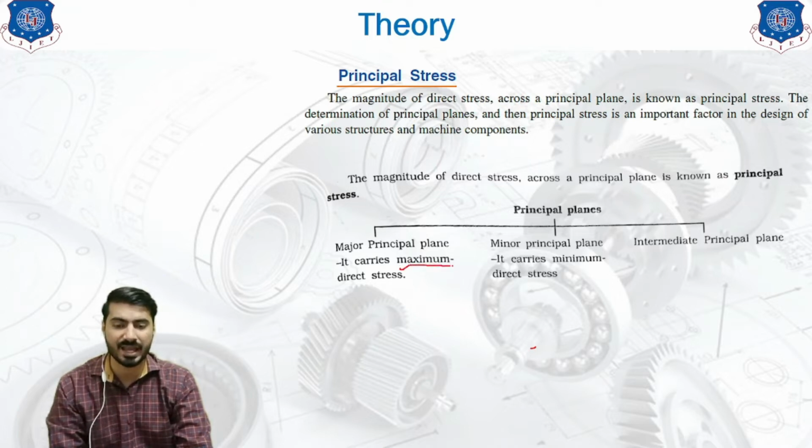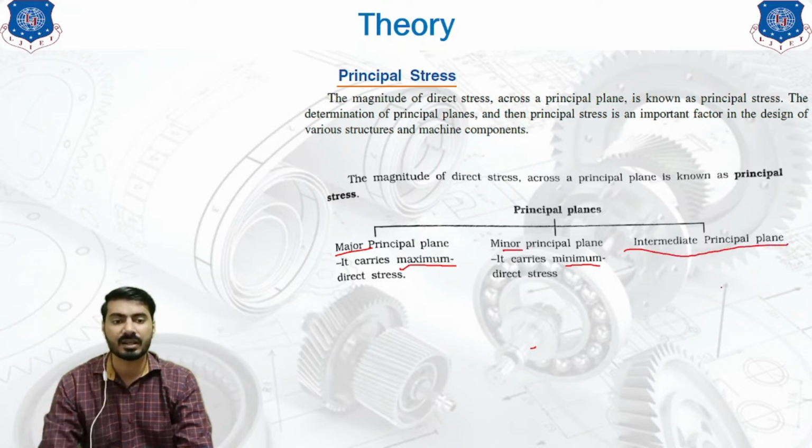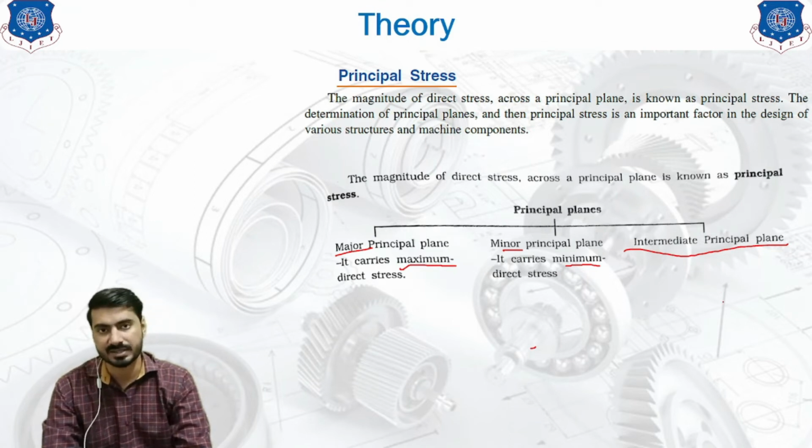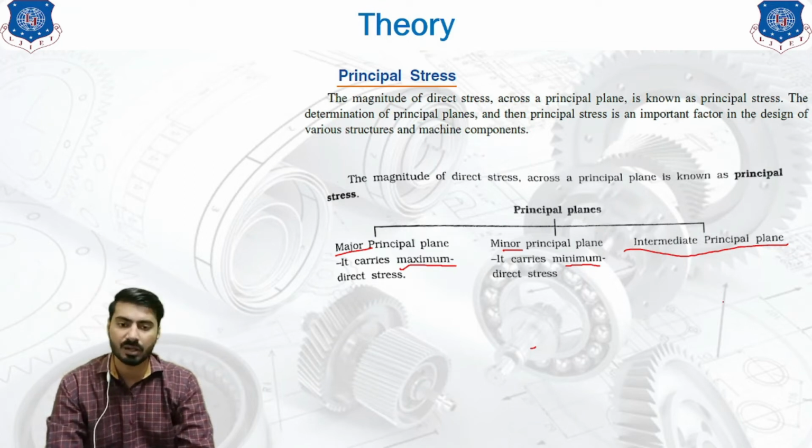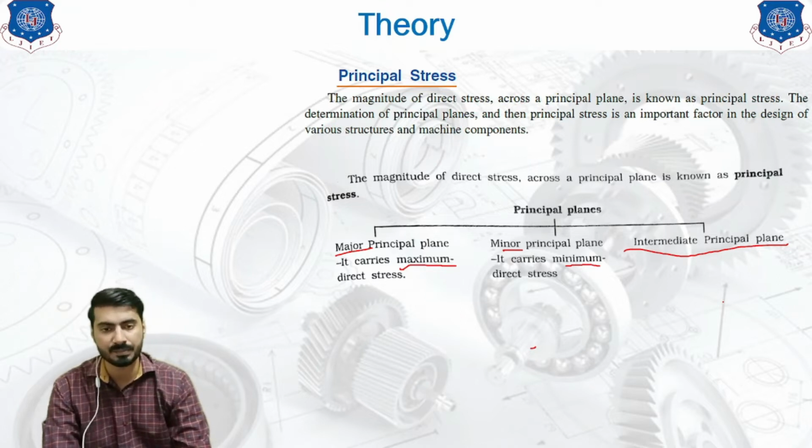That is why, as it is the maximum, we have named it major. The minor principal plane, as per its name, carries the minimum direct stress. The intermediate principal plane carries intermediate, or medium, direct stress. So this is how we have classified the principal planes.